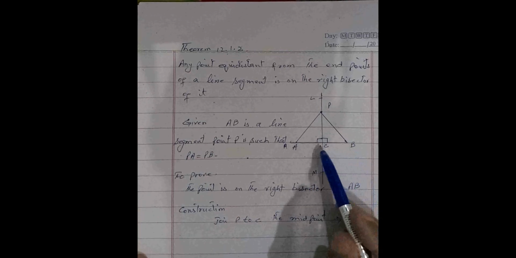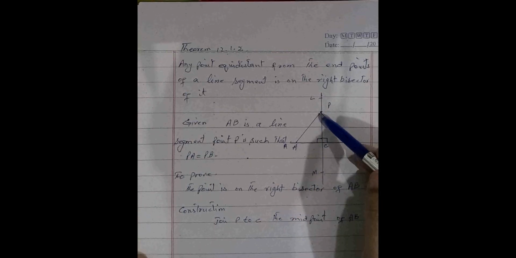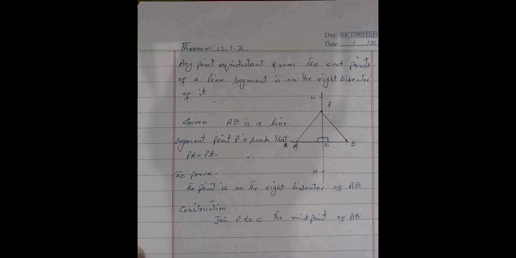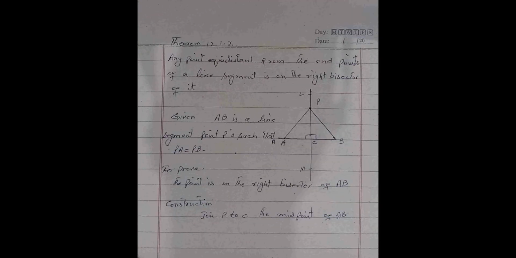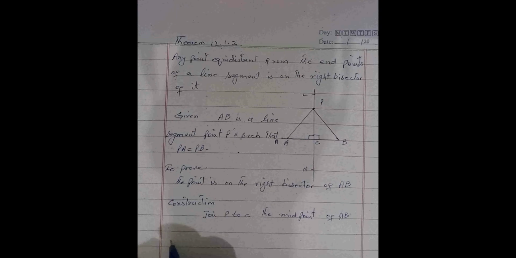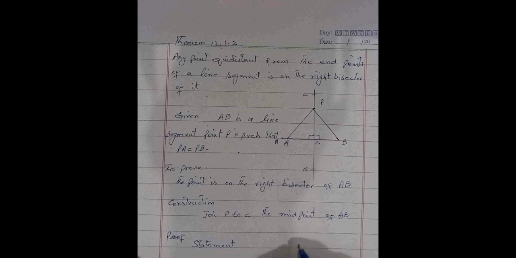This is the AB, and the midpoint, which is C. Join P to C. Now the proof. One side is the statement and the other side is the reason.